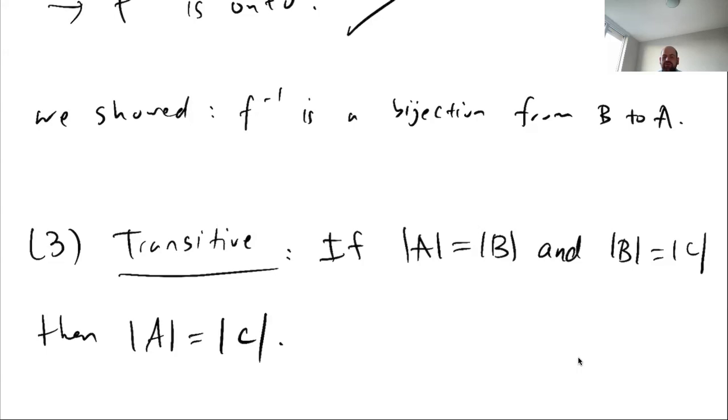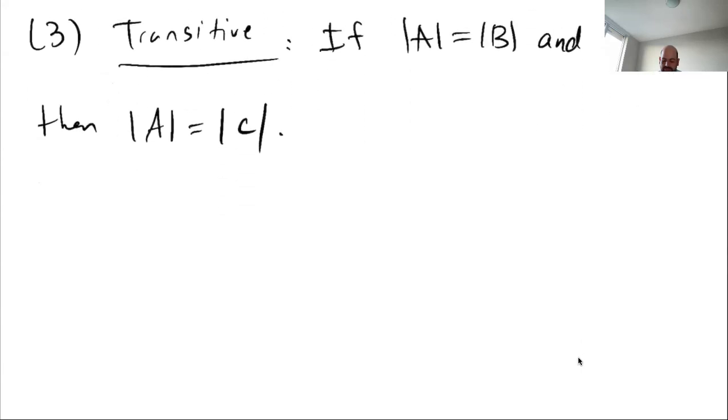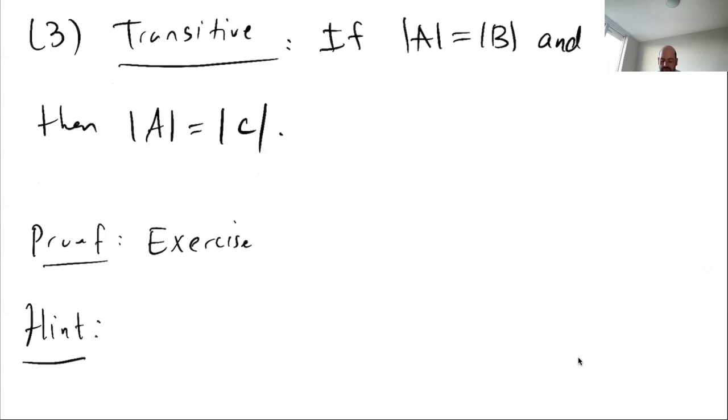So how can you prove this? Proof, let me leave as an exercise, but I can give you a hint. Let me tell you the path, what you need to show. So here, what is the assumption?